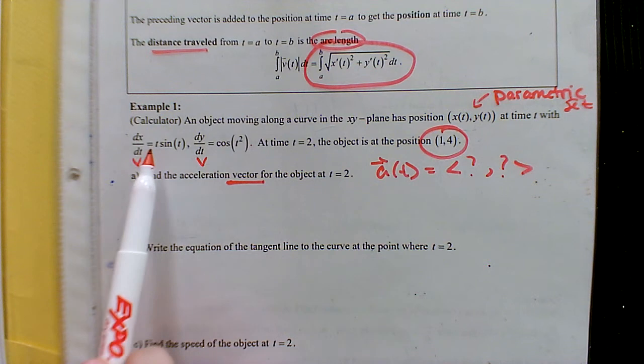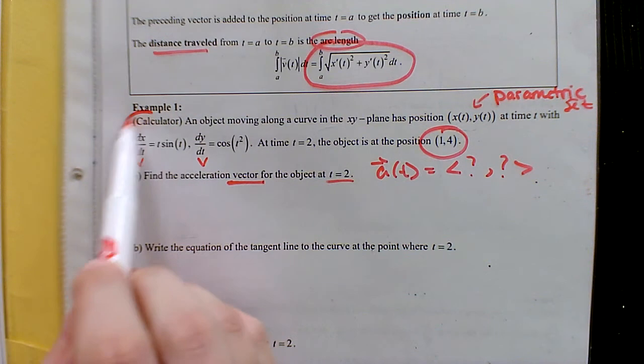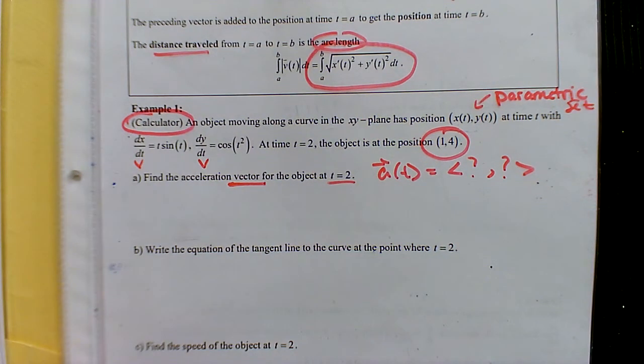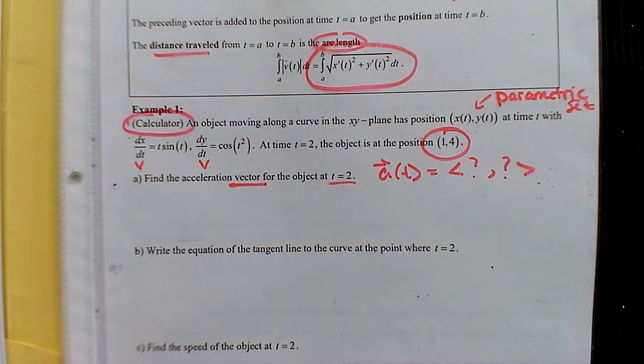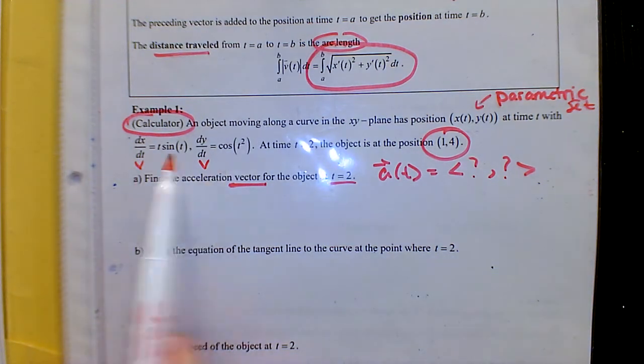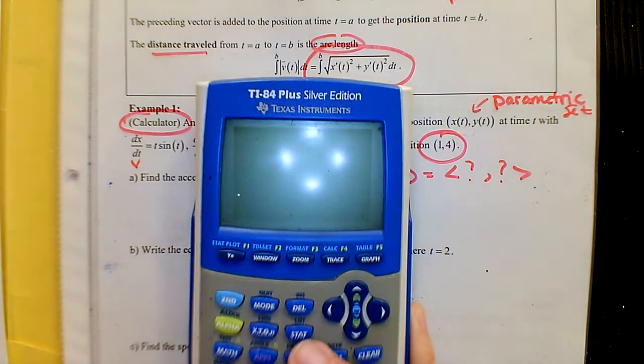So we have to take the derivatives of each of these individually, and we'll essentially plug in 2. Do you notice how this is a calculator active question? And it says calculator at the top. Do we remember how to find the derivative of a function at a point on the calculator? We could find the derivatives by hand. We can use the product rule, chain rule, quotient rule, whatever applies. But since we have a calculator, maybe that will be a little quicker. Do we remember where to go?